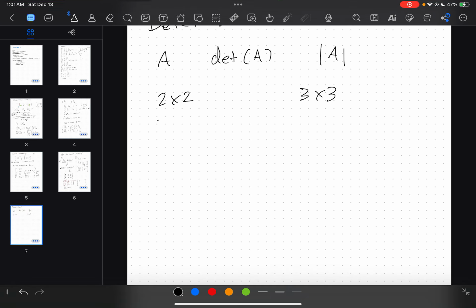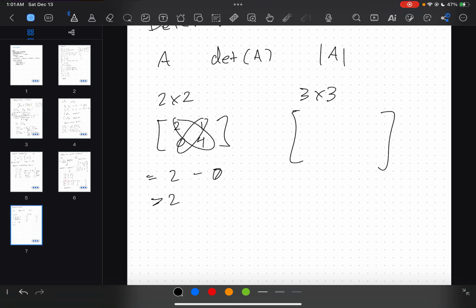You have like 2, 1, 0, 4. What you do is multiply these minus these. For 3 by 3, 1, 4, 3, 2, 1, 2, 0, 1, 9, 0, 1, 8.